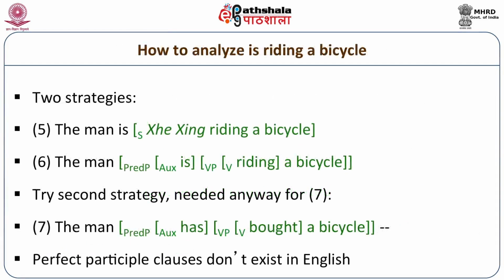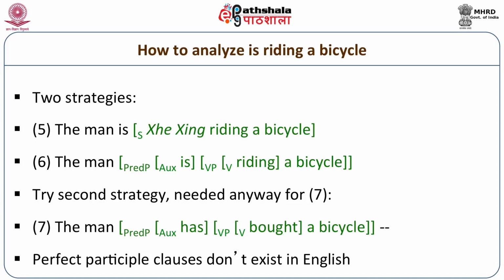When you compare sentence 5, the man is riding a bicycle, with sentence 6, in which the volatile elements ex and ing are not shown in the deep structure, you find that there are two different analyses we are considering for the string the man is riding a bicycle.